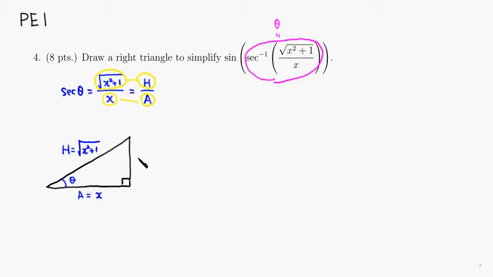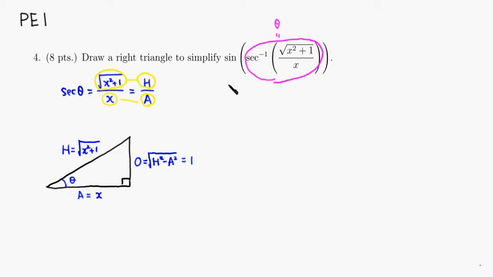Then we can figure this one out: opposite is simply the square root of hypotenuse squared minus adjacent squared. So this is x squared plus 1 minus x squared, so that's going to be just 1. So we got that.